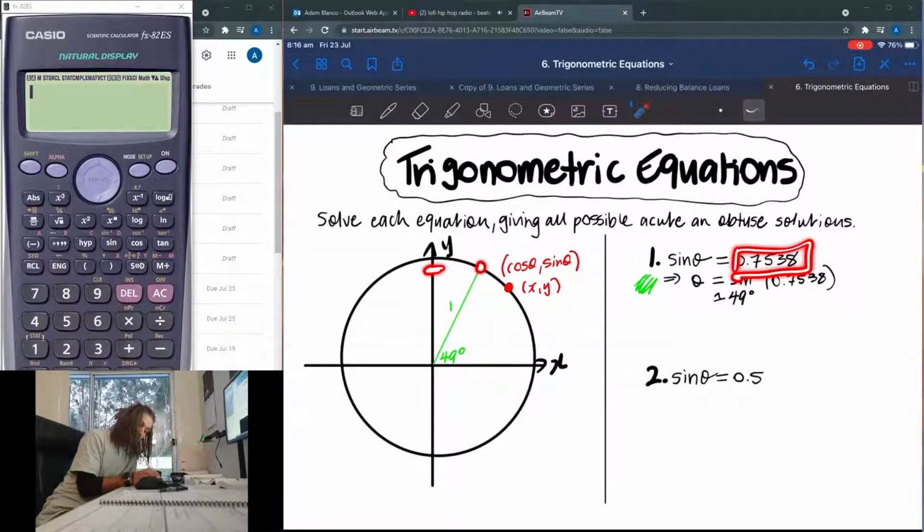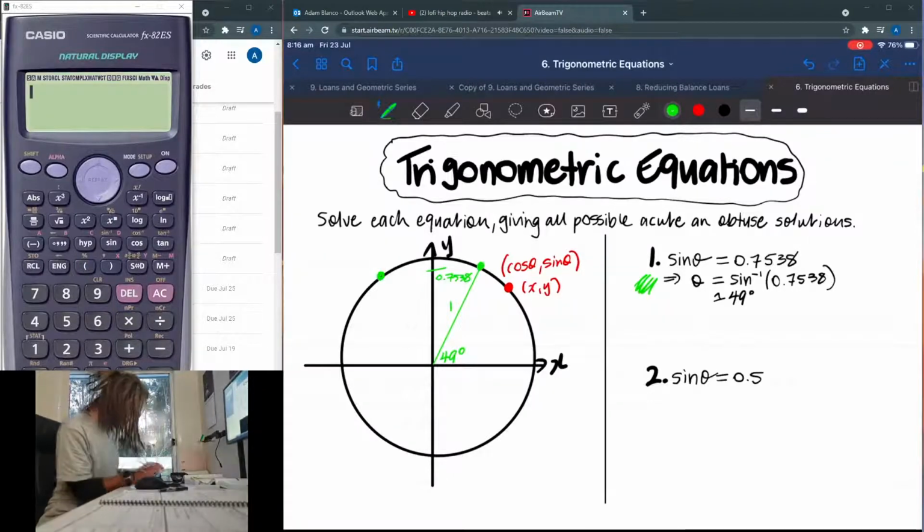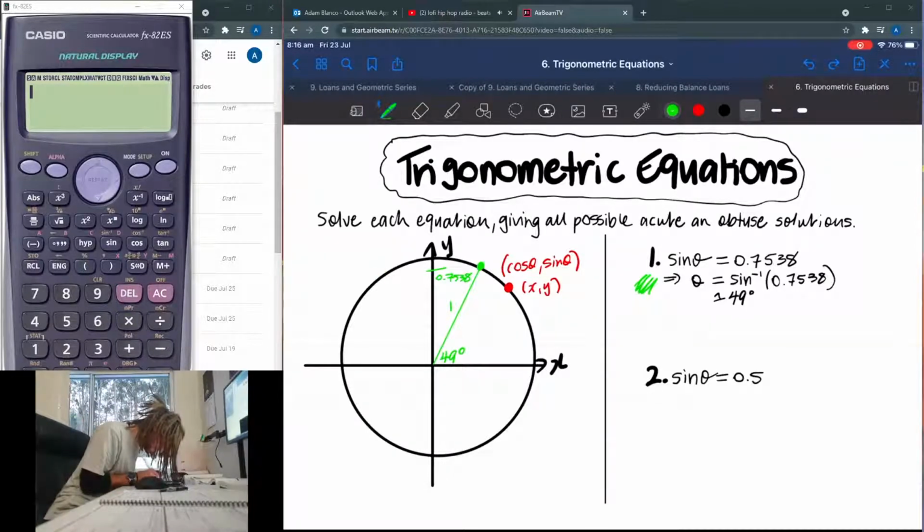Now, there's actually two places where 0.7538 exists. Yes, there's a solution here, but there's also a solution here. Is that even? That's not even.